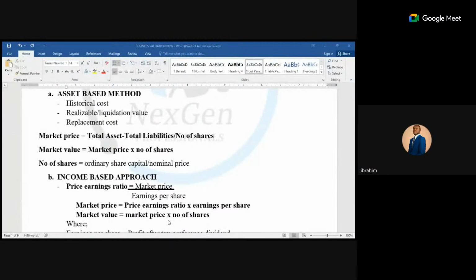Let me just tell you: compared with asset base, income base, and dividend, the discounted cash flow value is usually higher, because it is based on projected cash flows, that they will have this in the future. So you do the normal NPV, the way we normally do present value, but it's a cash flow approach. Do you get?